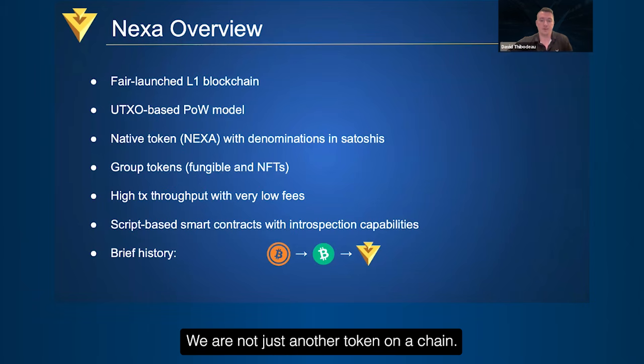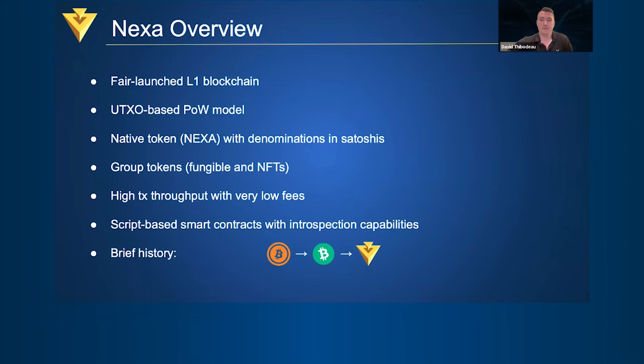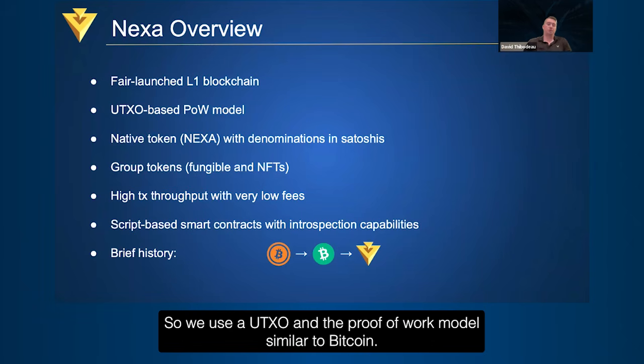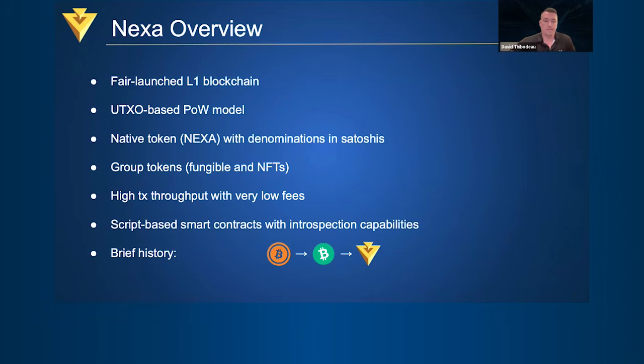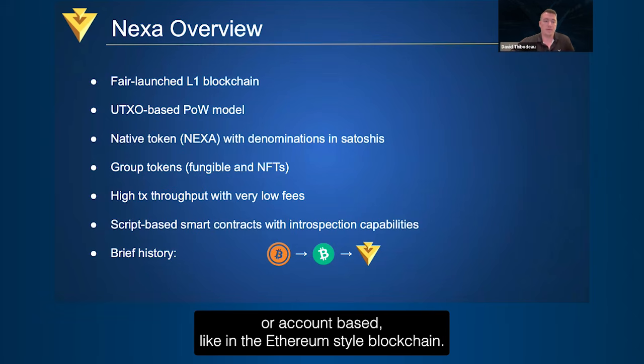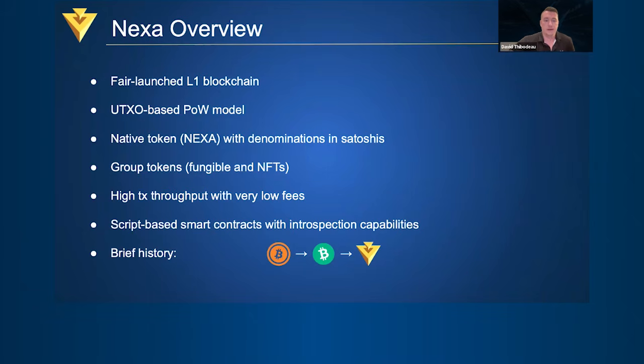We are not just another token on a chain. We use the UTXO and the proof of work model similar to Bitcoin. We are not proof of stake or account based like an Ethereum style blockchain.